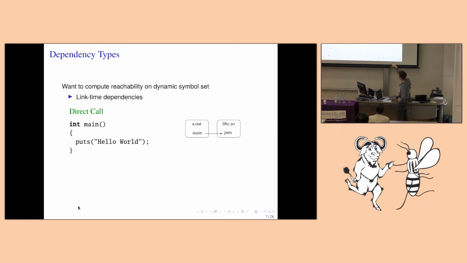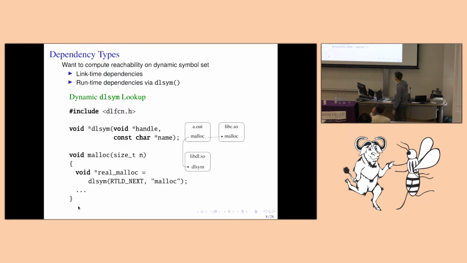There's a dependency in this listing from symbol main in a.out to puts in libc.so. It's quite simple, right? Just a function call, and I call them link time dependencies because the linker sees such dependencies at link time as relocations.